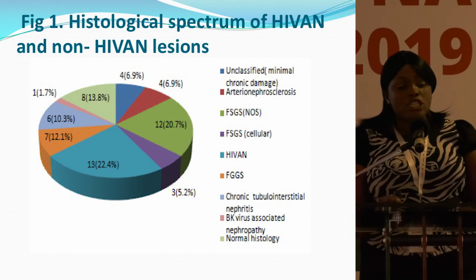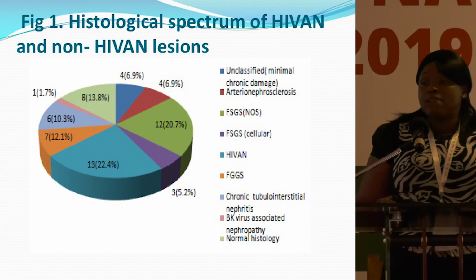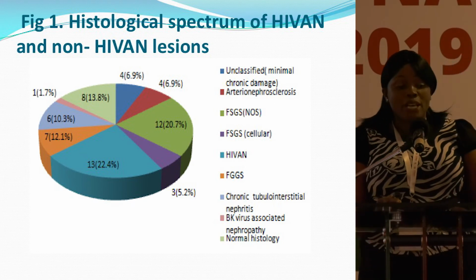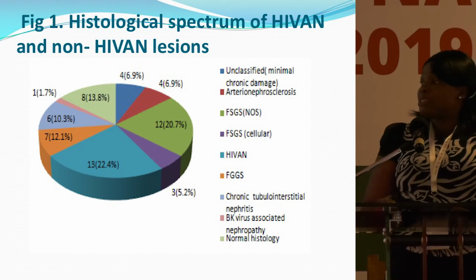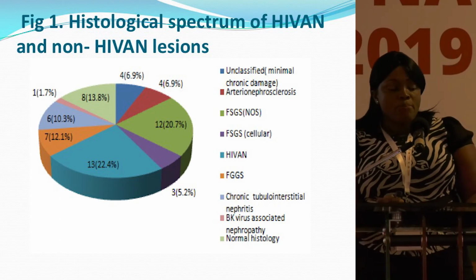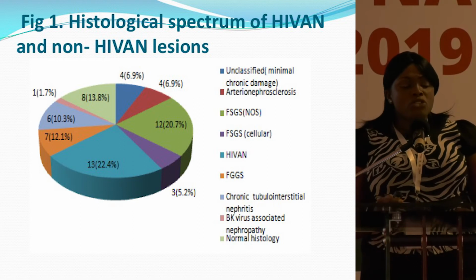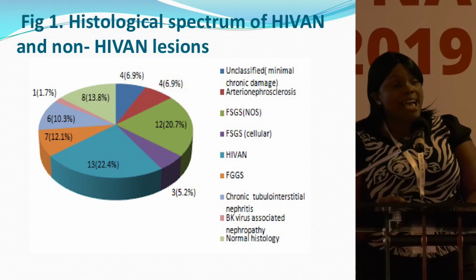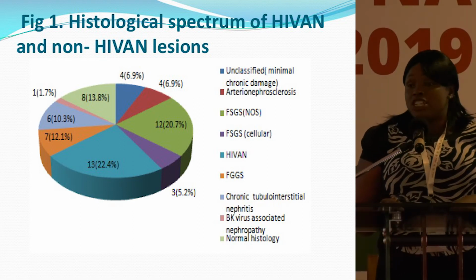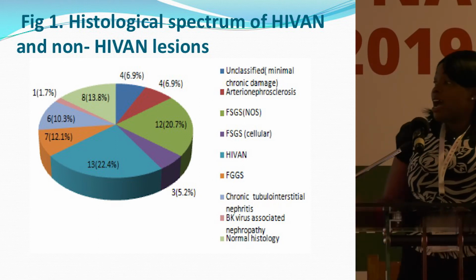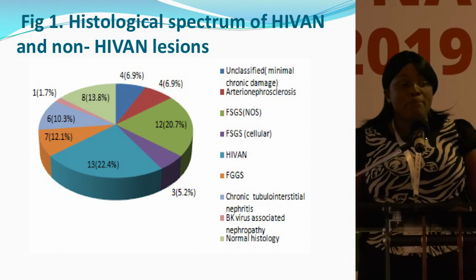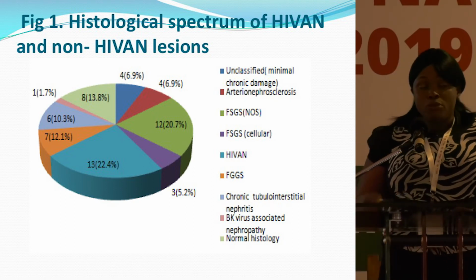This is closely followed by focal segmental glomerulosclerosis, not otherwise specified, which occurred in 12 people, accounting for 20.7% of our biopsy population. We also noted that despite the fact that all our patients had chronic kidney disease of at least stage 3, 8 of them, constituting 13.8%, had normal histological findings. But remember, this was light microscopy and immunohistology.